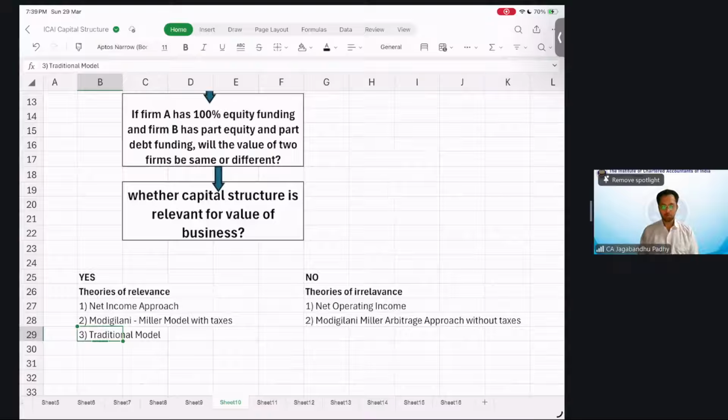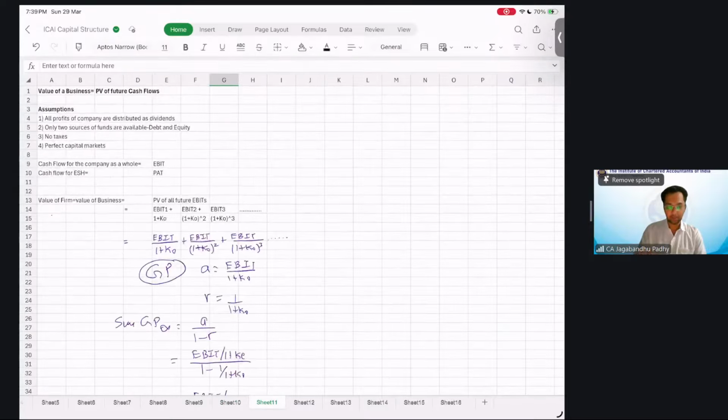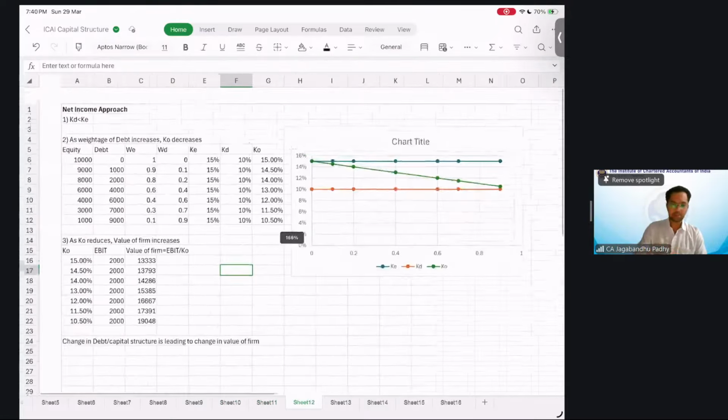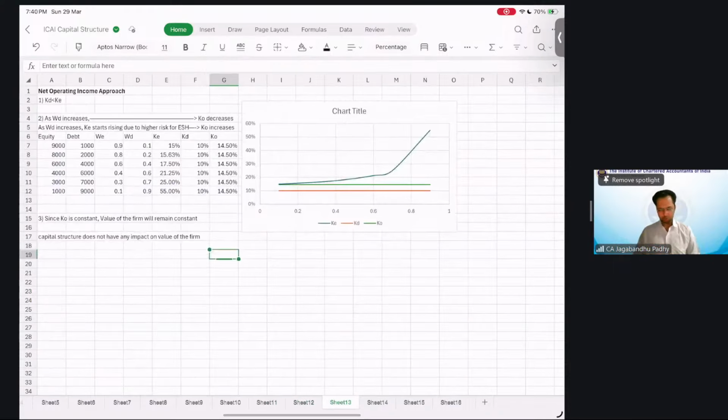Okay, so there we have three theories, and the other we have two theories. Net income approach is where, as the weightage of debt increases, KO decreases, and due to which the value of the firm is going to increase. But here, one thing that was forgotten was you're assuming KE and KD as constant. When we go to the next theory, net operating income, we say that as the weight of debt increases, KO is decreasing, but there is another aspect to it.